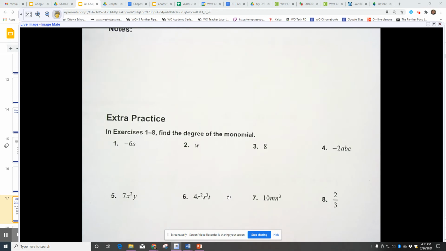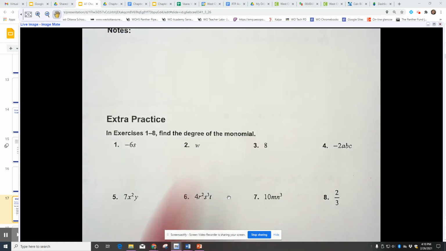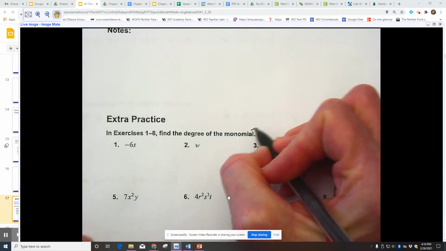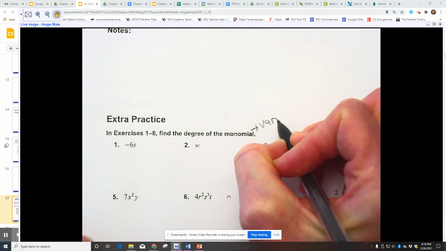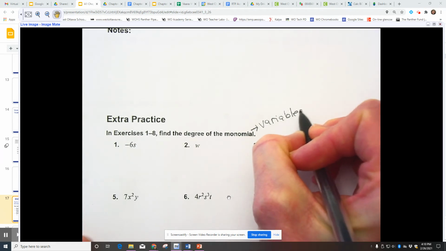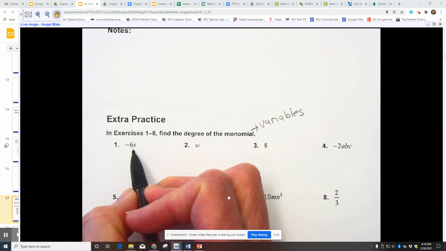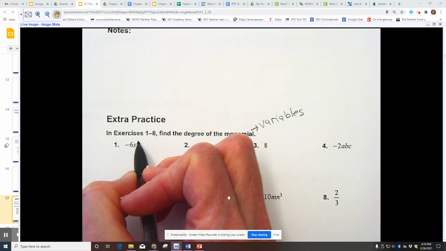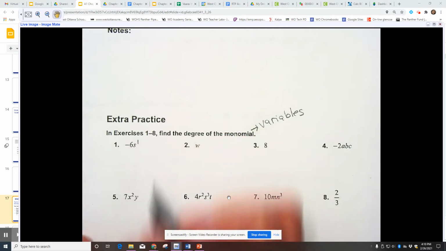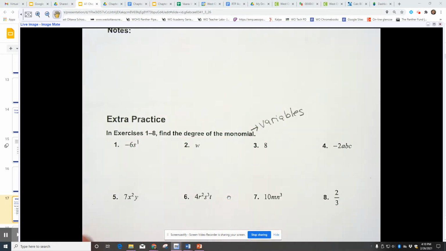So this says find the degree. These are all monomials. So for the degree, remember, I just want to look at the variables. All right, so for this one, my variable is s. I don't see an exponent, but I'm going to put in that invisible 1.